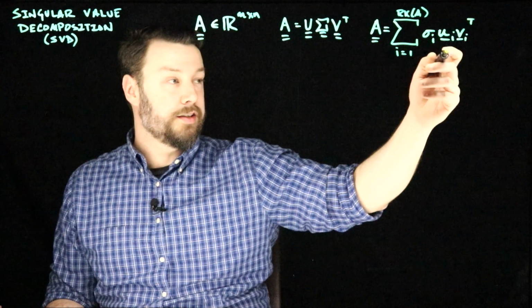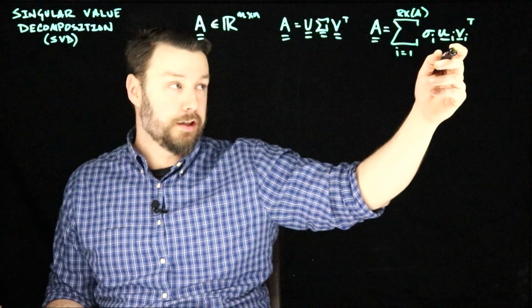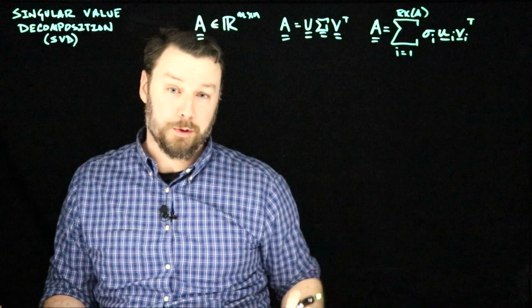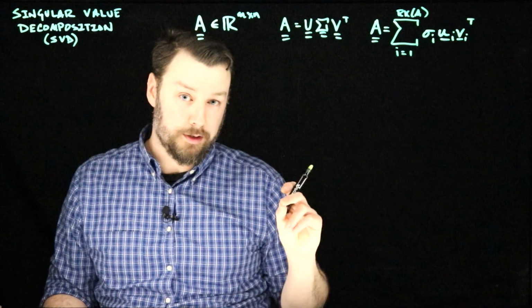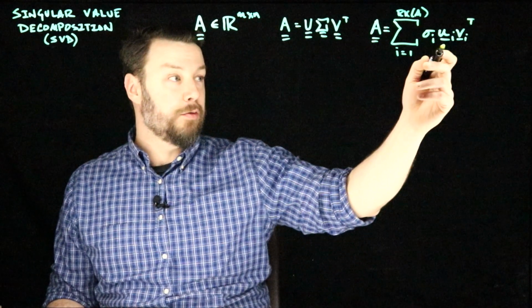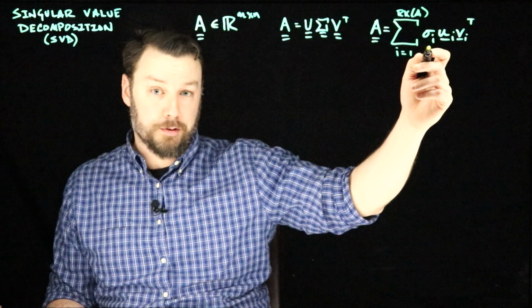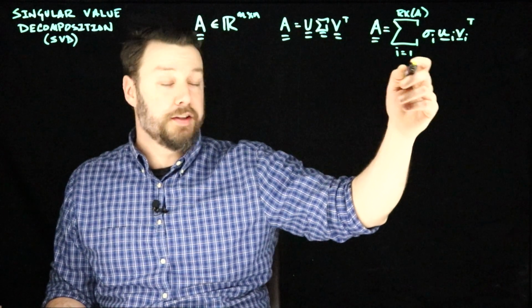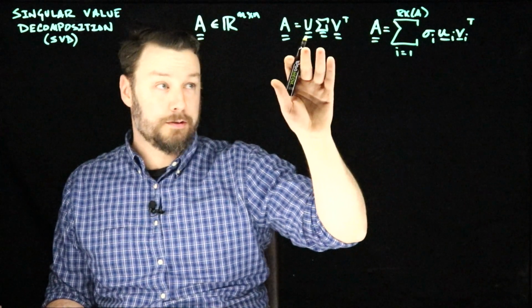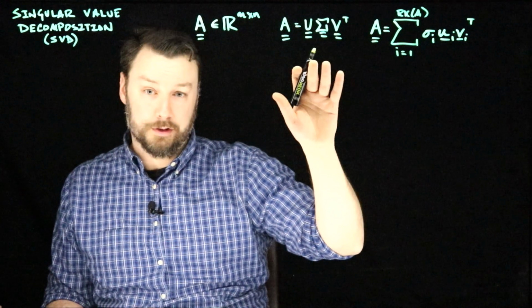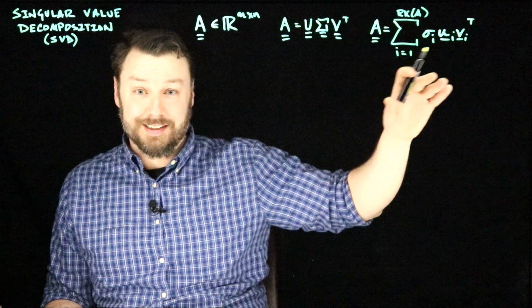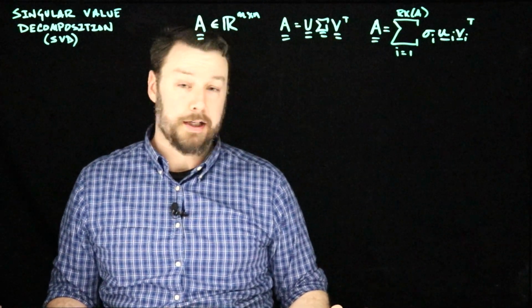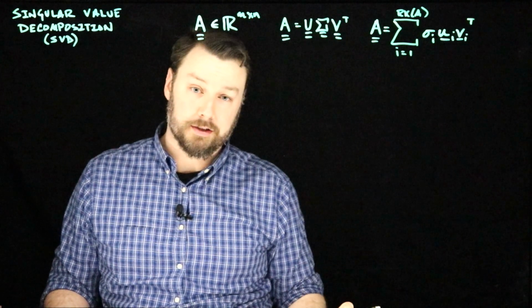So rather than collapsing into a scalar like it would with the inner product, instead it expands into an m by n rank 1 matrix. And then we're weighting that matrix with the associated singular value and summing up a big stack of these. This summation is exactly what we're doing when we write it like this. It's just different notation for the same idea, but we can see how we're constructing the matrix one rank 1 matrix at a time.